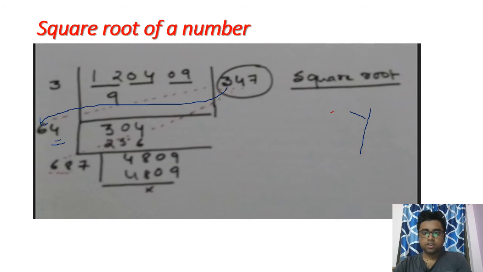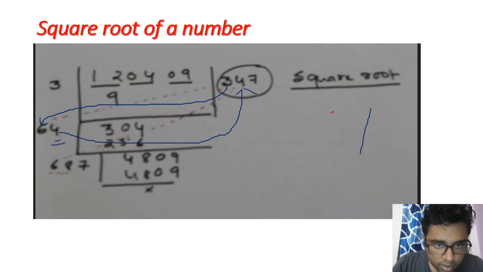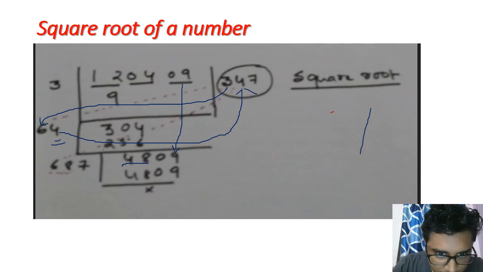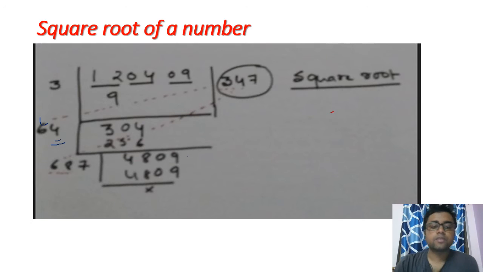Okay, now here we are getting 4, we have to put that number here. Okay, now if we get the difference between these two, we get here 48. Okay, and we bring down that number 09. So here we are getting 4809.